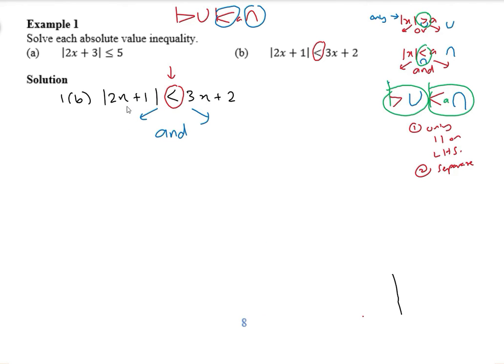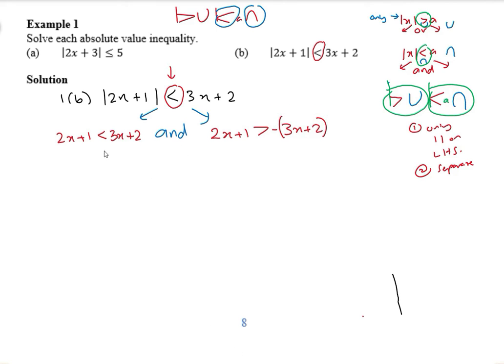For the first inequality, just copy down exactly the same, with the same signs, the same left and right hand side. But for the next inequality, you flip the sign from less than, it becomes greater than, and on the right side, remember to write a negative in front of everything on the right hand side.